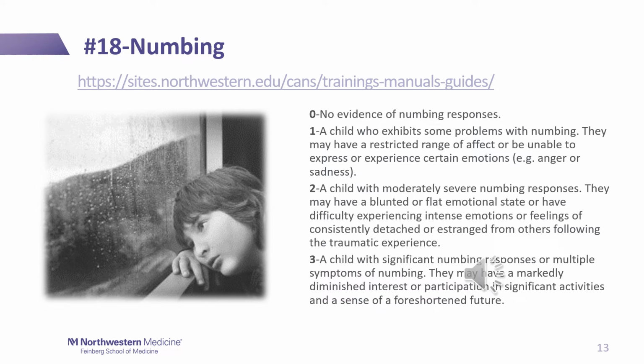They may have a blunted or flat emotional state or have difficulty experiencing intense emotions, or feel consistently detached or estranged from others following the traumatic experience. And a 3 level is a child with significant numbing responses or multiple symptoms of numbing. They may have a markedly diminished interest or participation in significant activities and a sense of foreshortened future.